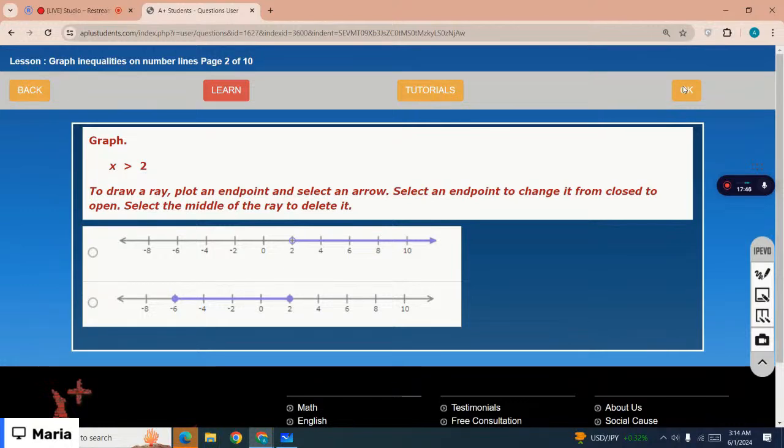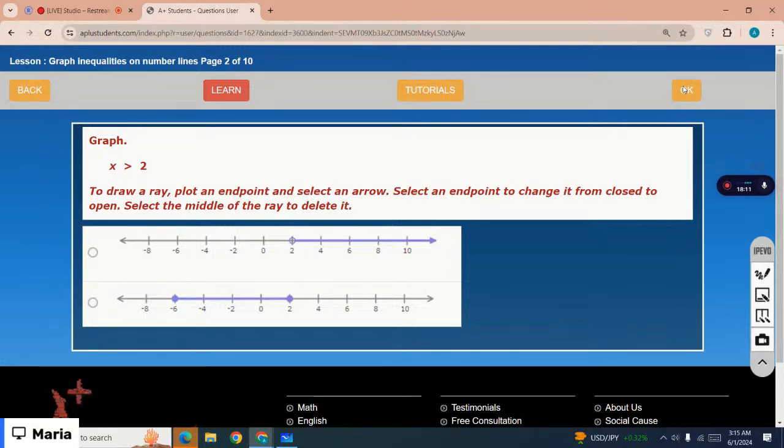X is greater than 2. Which is the correct option? X can be any number that is greater than 2, right?